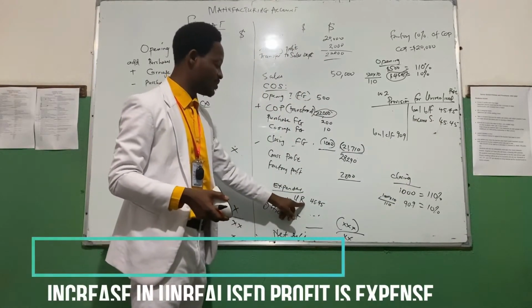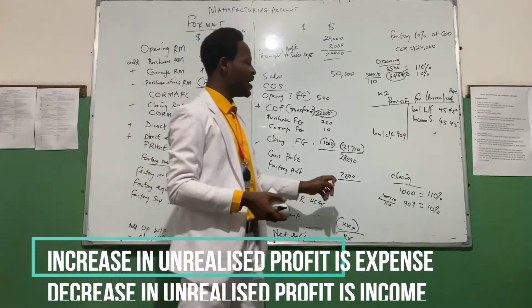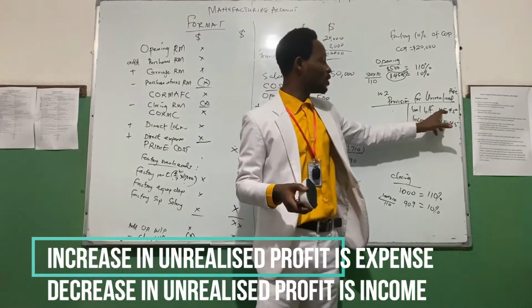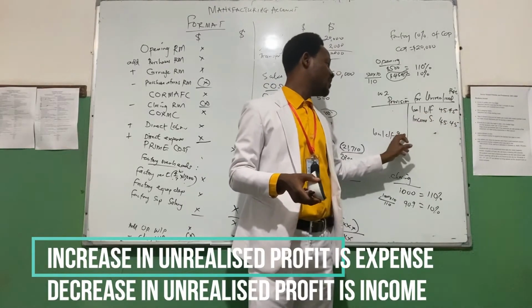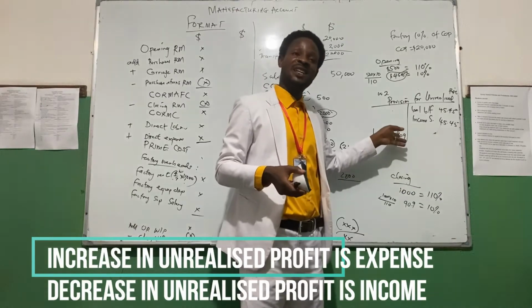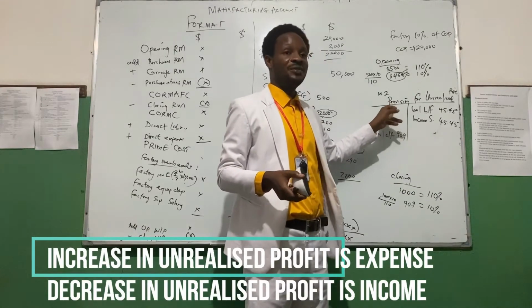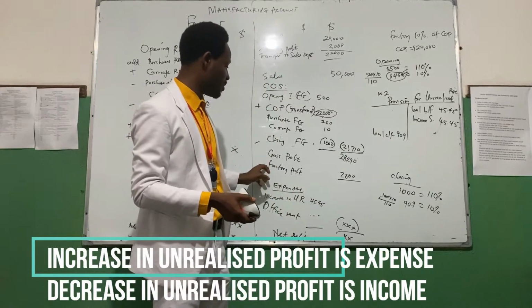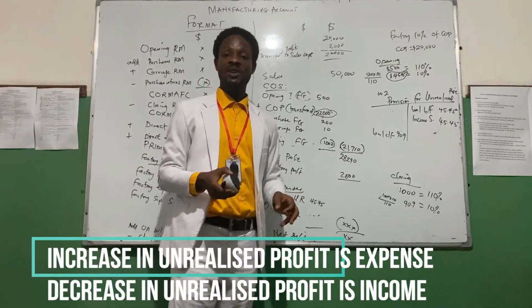If there was a decrease, for instance, as this was 45.45, if the closing was 40.45, that means there is a reduction of 5. That 5 is going to be an additional income. We add it to gross profit and factory profit. I believe you get that.